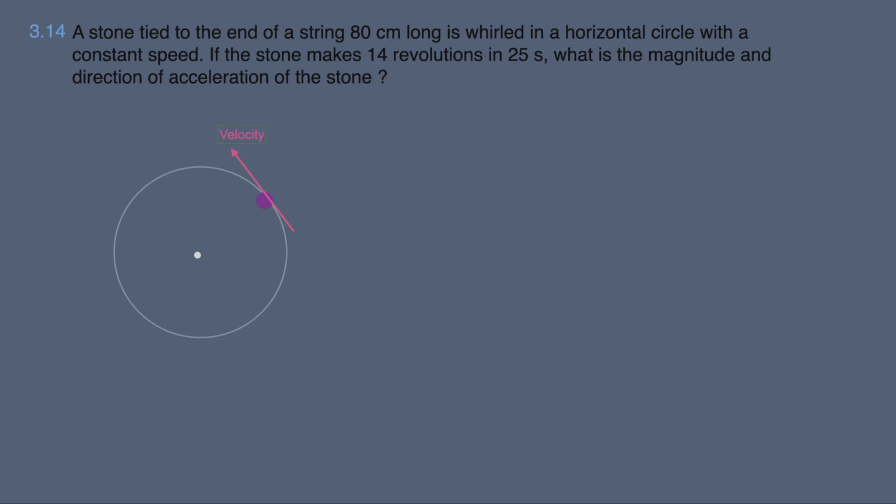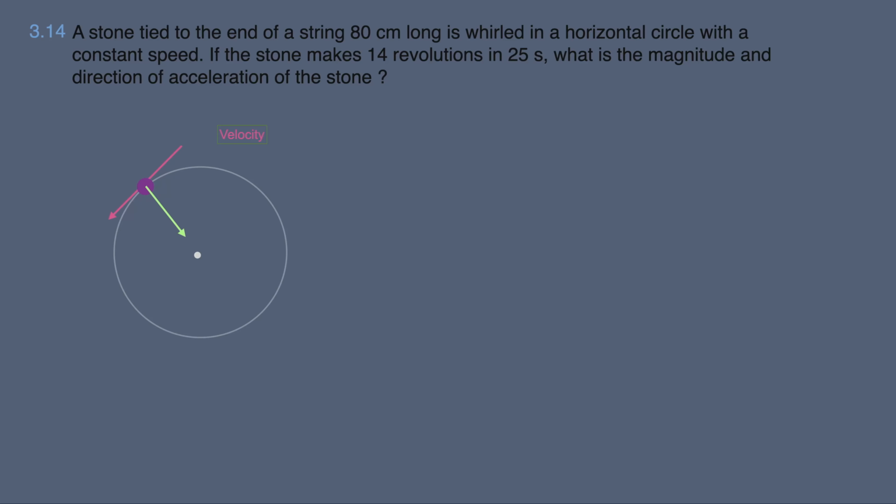It is the force acting towards the center, which produces the centripetal acceleration. So every time the stone tries to continue in the direction of its velocity, the inward acceleration changes the direction of its velocity, keeping the stone on the circular path. And this continues again and again throughout the circular motion.